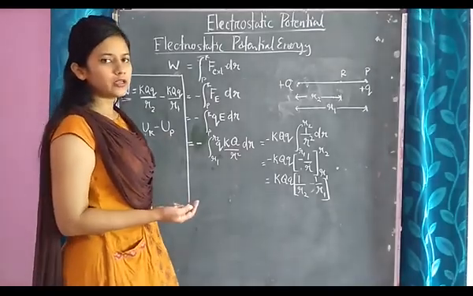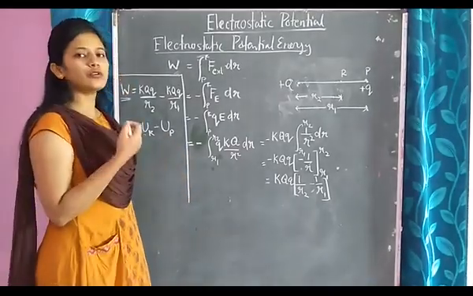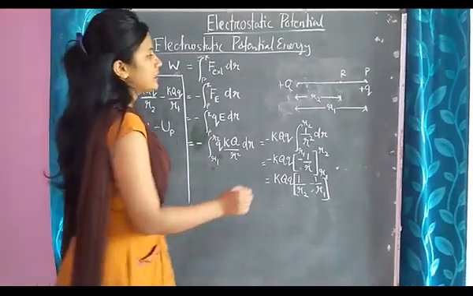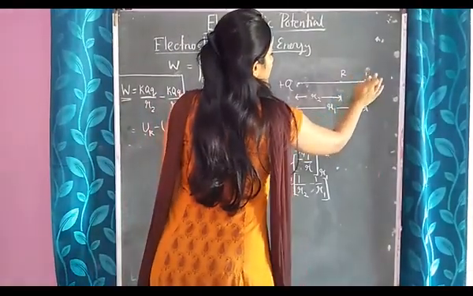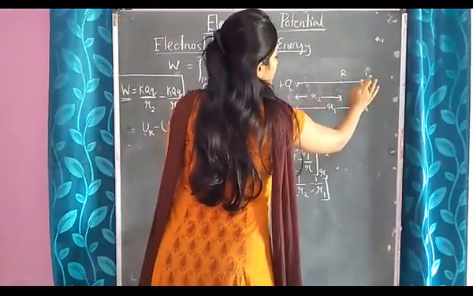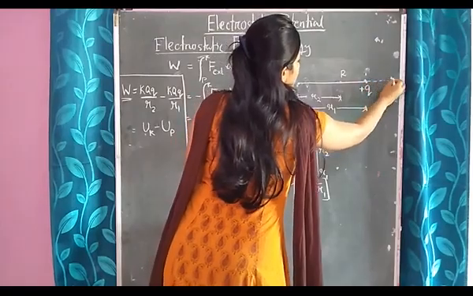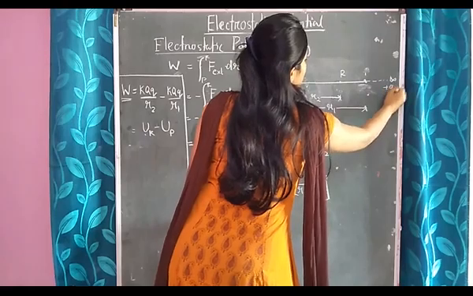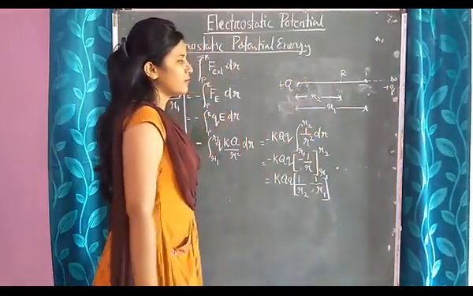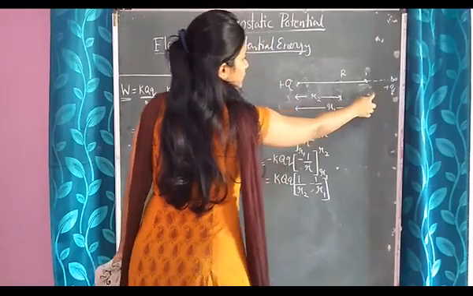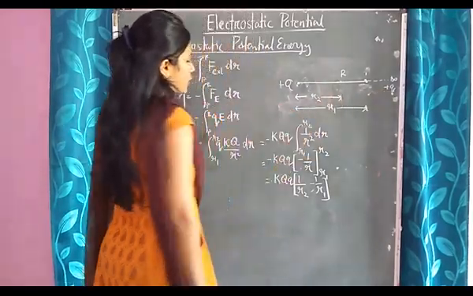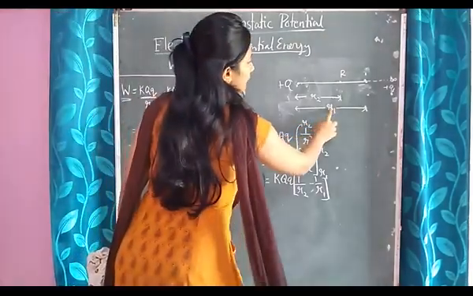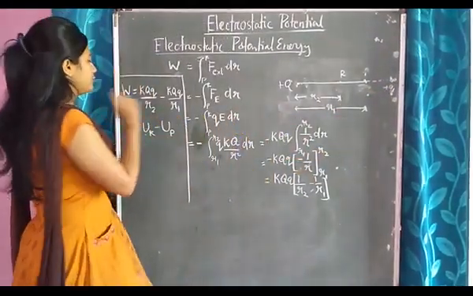So in order to describe potential energy, we will take this point P, or we will say that this charge particle has been brought from infinity. So if we bring this charge particle from infinity to this point, then this R1 becomes infinity.